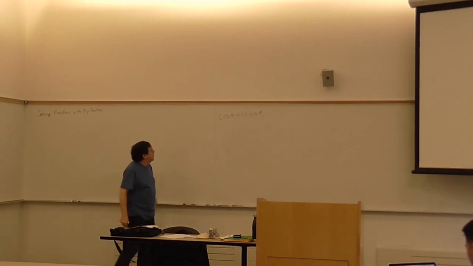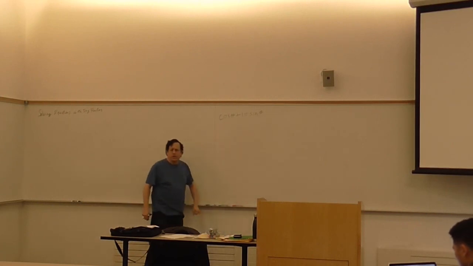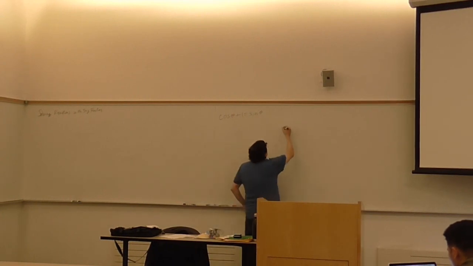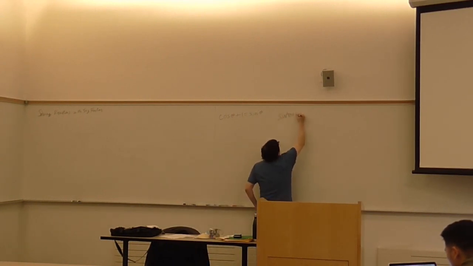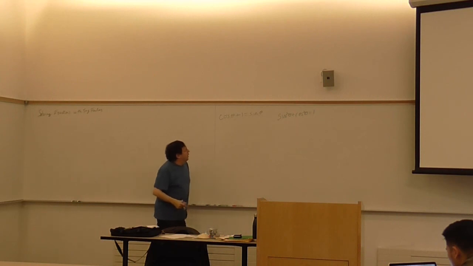So how can I convert one of these, sine or cosine, into the other? Well, we have an identity that might help us. We have the Pythagorean identity. Right? So how does that help us?